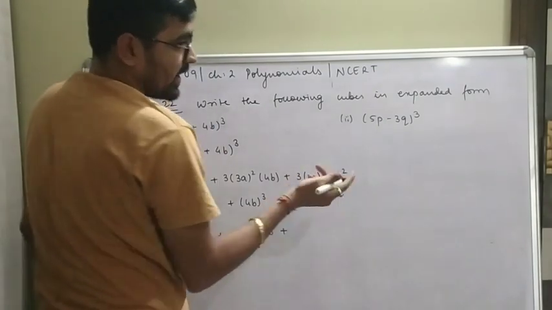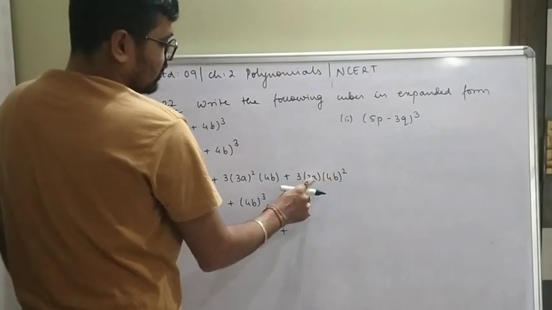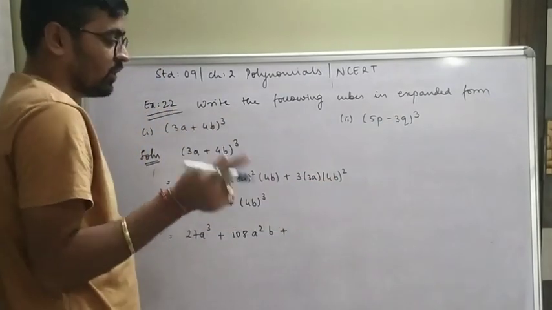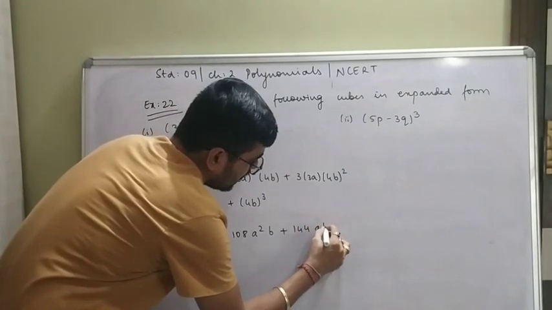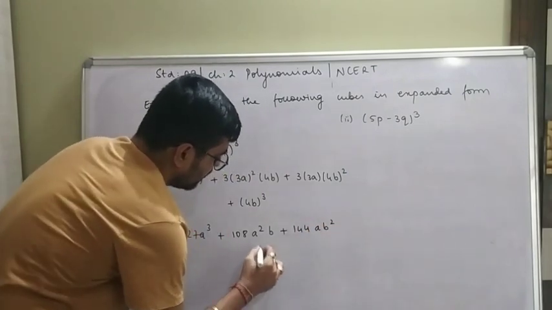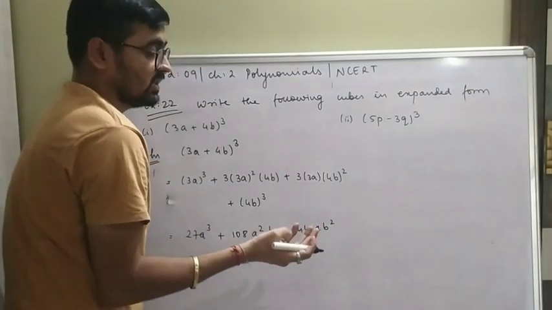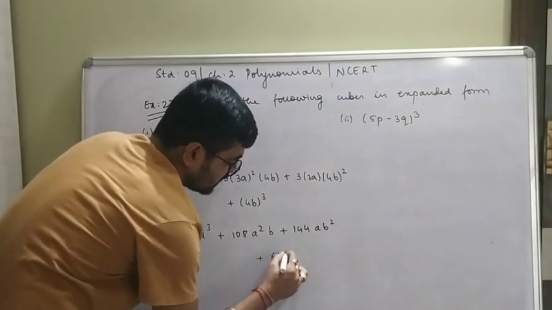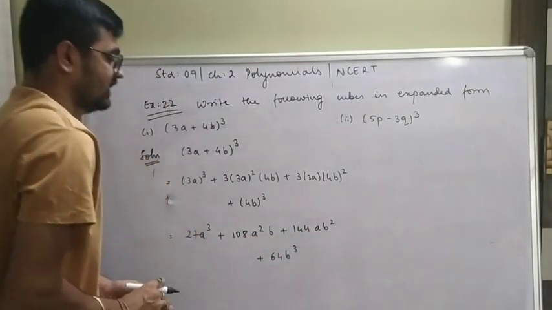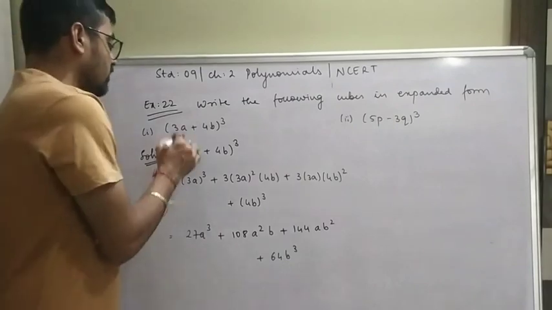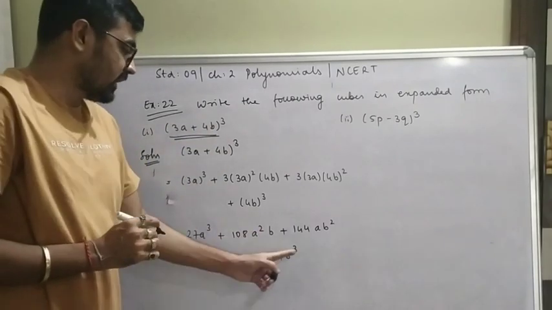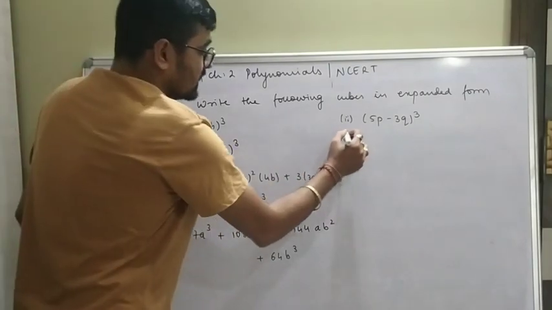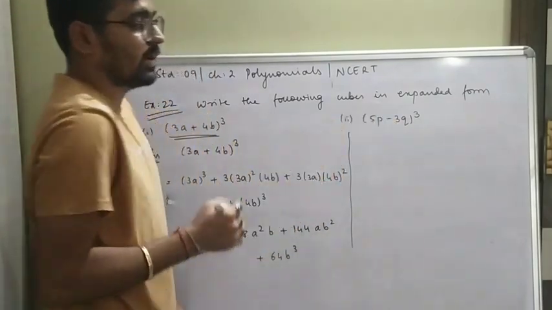Again 4 square is 16. 16 into 3 is 48. 48 into 3 is 144 a b square plus 4 into 4 is 16, 16 4s are 64 b cube. This is the expanded form of this cube. Same way we have to find the expanded form of this one.